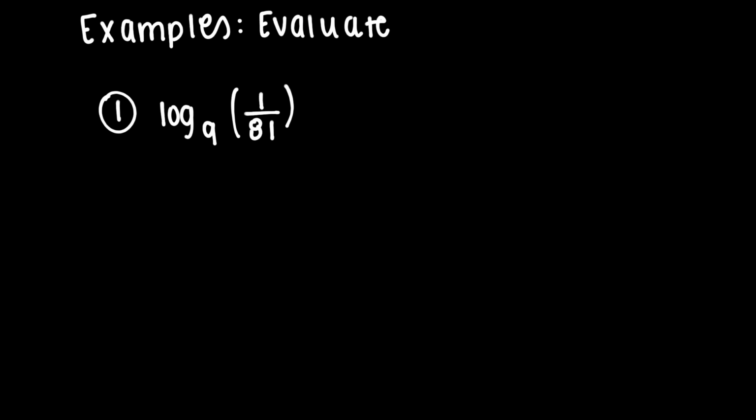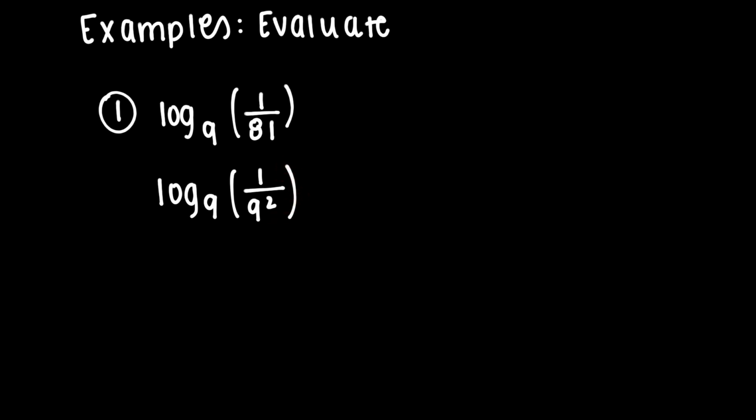So the first example we're going to do, and the second you'll do on your own, I want you to evaluate log base 9 of 1 over 81. So like I said, I'm giving you the base of 9. I'm telling you this next piece needs to be written with the base of 9. So this goes back to thinking about what your exponents are. I know that 81 is 9 squared. But I can't have this fraction. So remember, we have to move it to the top.